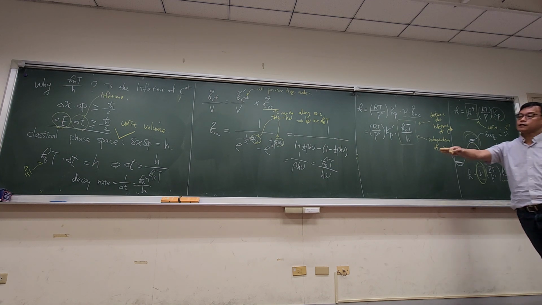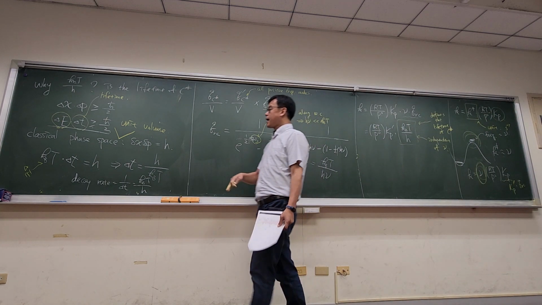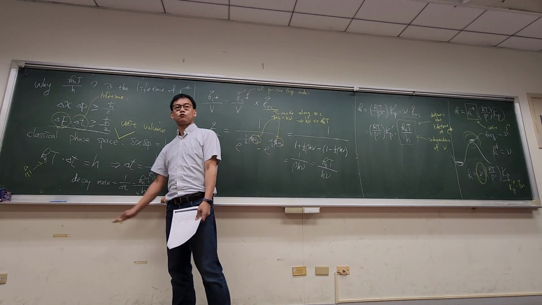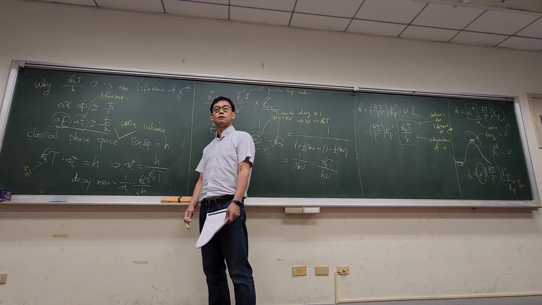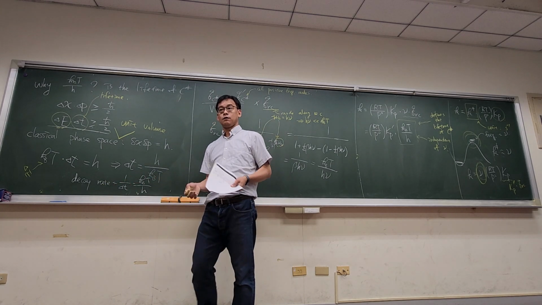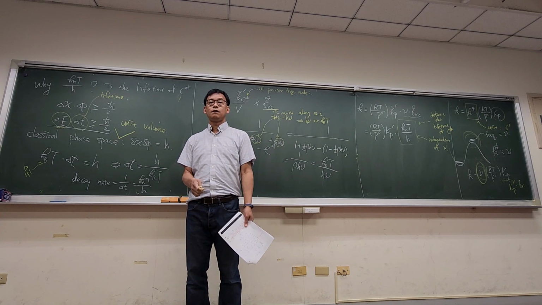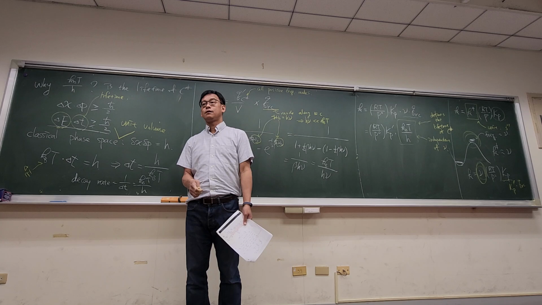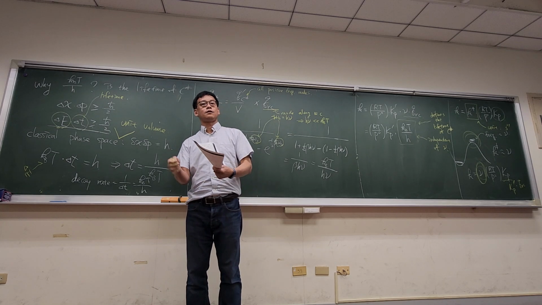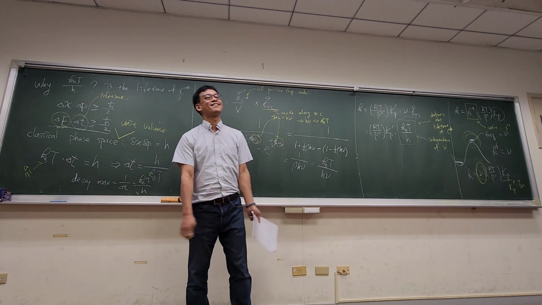So this picture tells us that the decay of the transition state is driven by thermal fluctuation. Thermal energy pushes this transition state around and lets the transition state become the product.